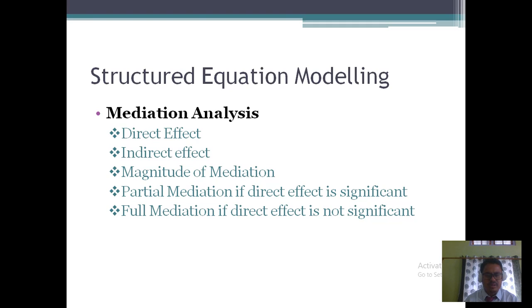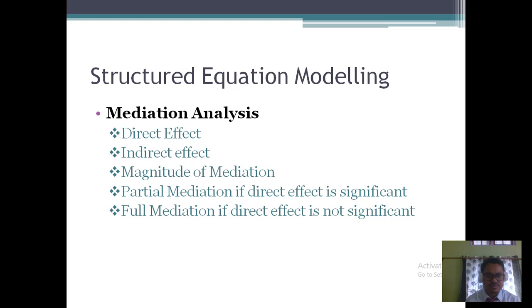So consider if two variables are related, and if we'd like to see the intervening impact of a third variable, or if two variables are connected or disconnected, or not statistically significant, and we are trying to see the variation of the relationship of the two variables by a third variable, this is known as a mediation analysis.